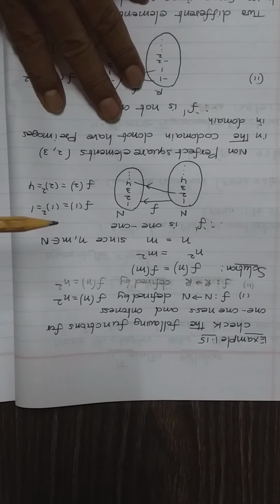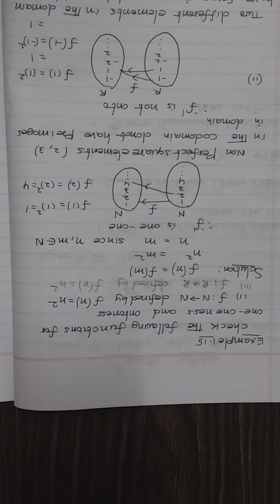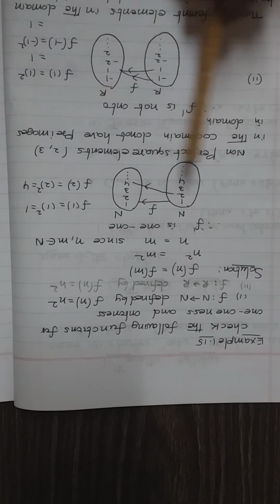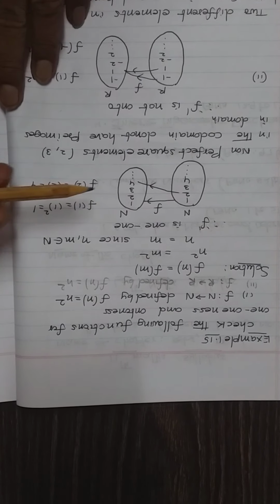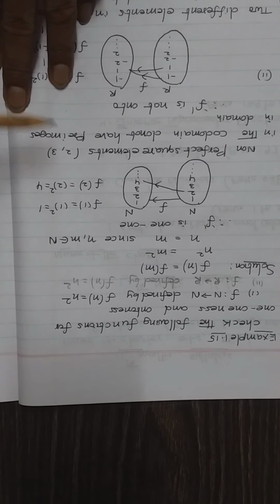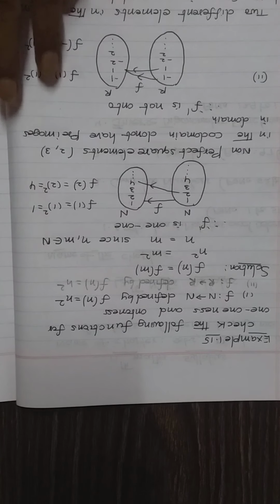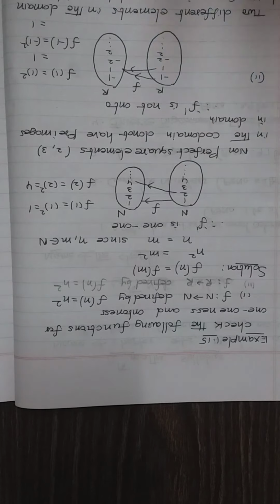So what are the non-perfect square elements? Non-perfect square elements means 2, 3, like that so many elements will be there in the codomain. They do not have a pre-image in the domain. So it is not an onto function. I already told you, onto function means you should concentrate on the codomain, not on the domain.